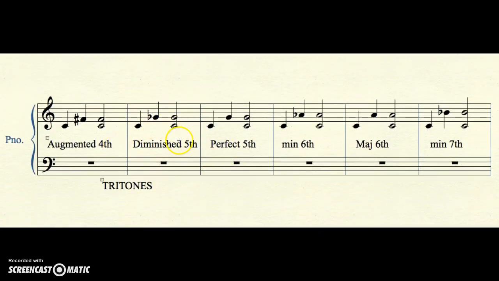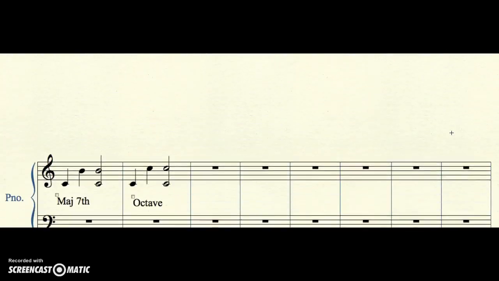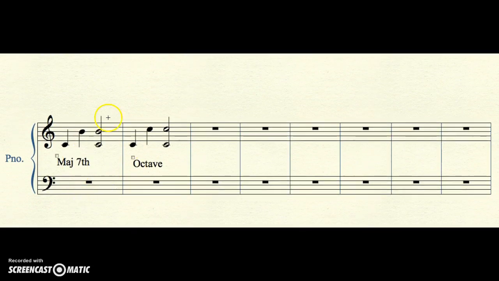Augmented fourth, diminished fifth, also known as tritones, are dissonant. Perfect fifth is consonant. Minor sixth and major sixth are both consonant. Minor seventh is dissonant. Major seventh is dissonant. And octave is consonant.